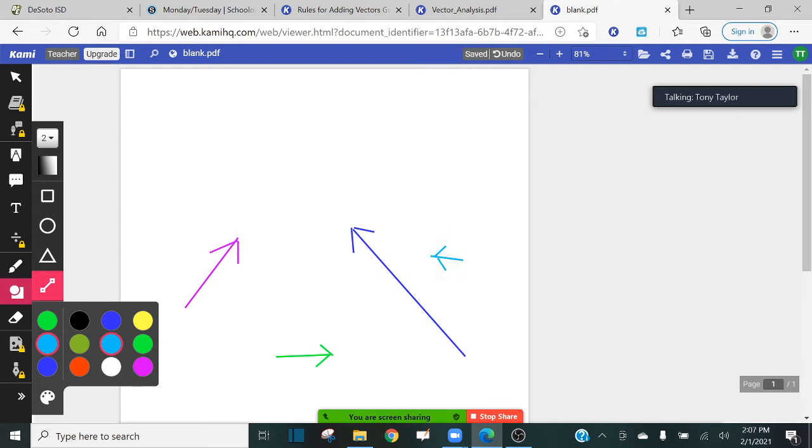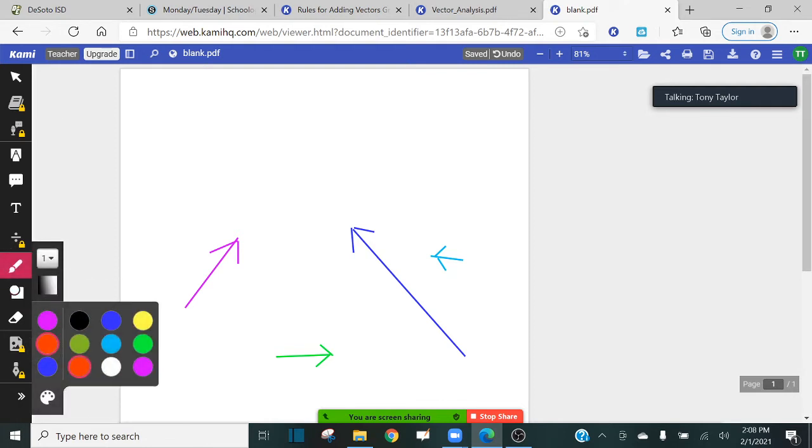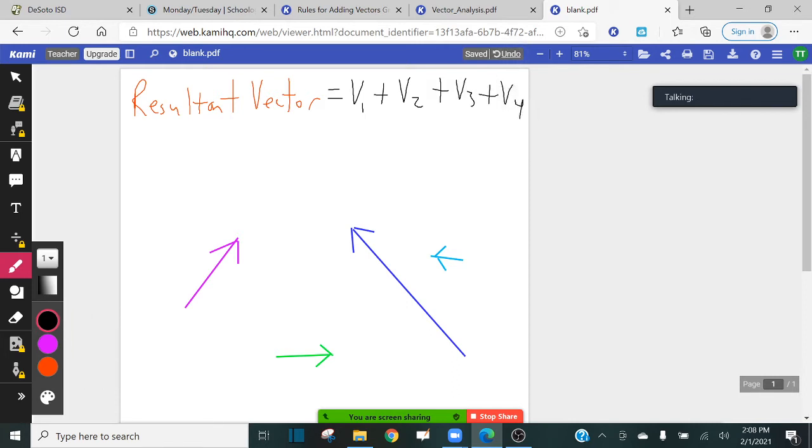So I have four arrows there, and I ask you to find the resultant vector. Basically the resultant vector is whenever I add up V1 plus V2 plus V3 plus V4. So if I add up all four of these vectors, how would my resulting vector look?